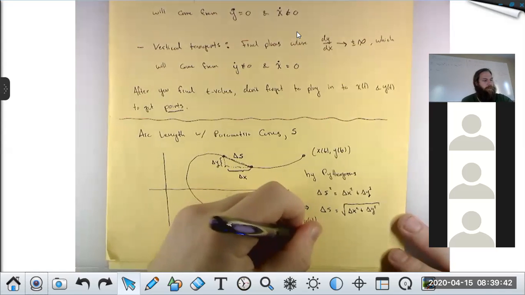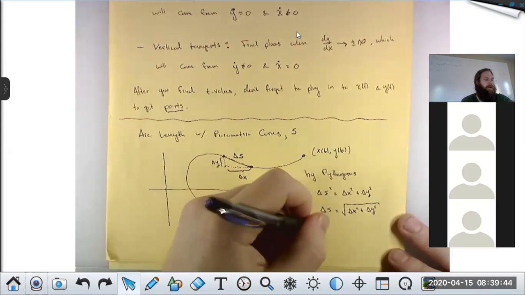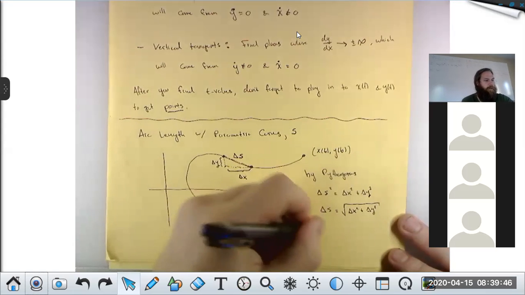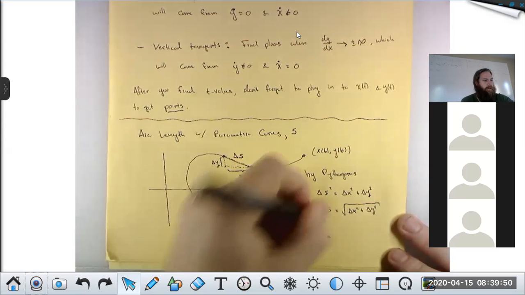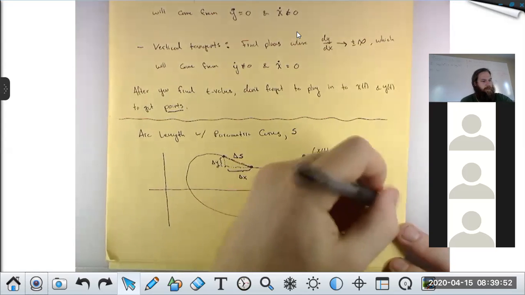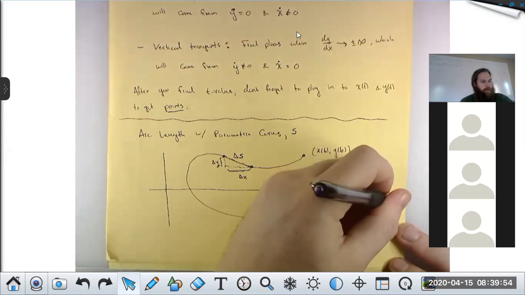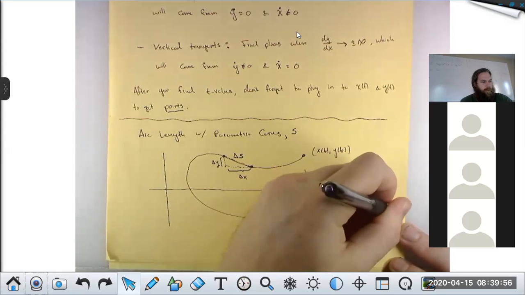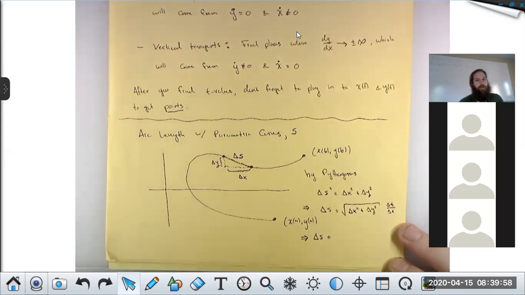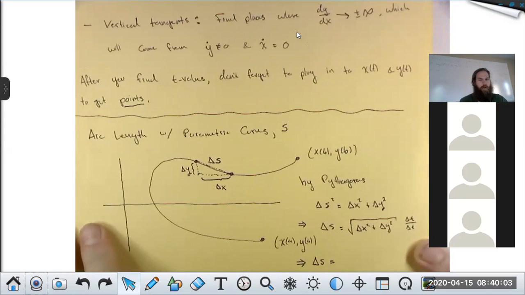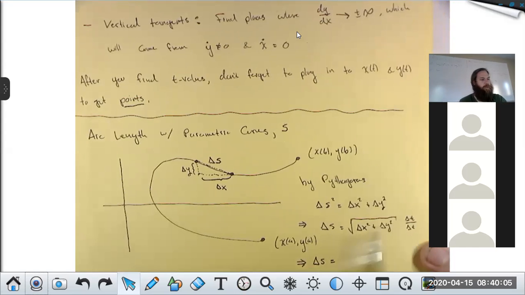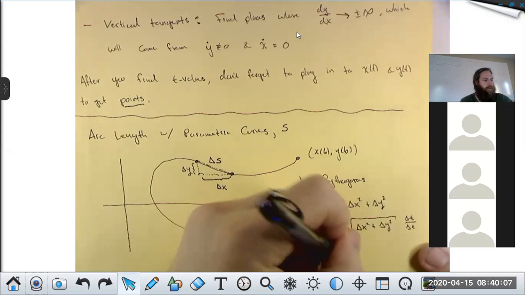And then if I multiply top and bottom by delta t over here, then delta S is this guy, delta t over delta t. The delta t downstairs there, I'm going to move inside the square root as delta t squared.